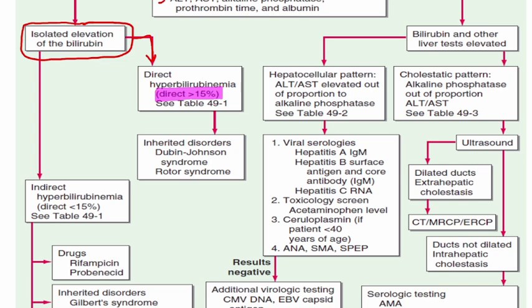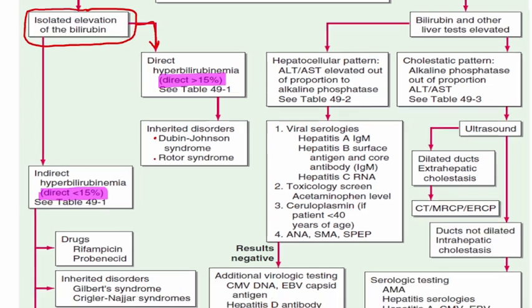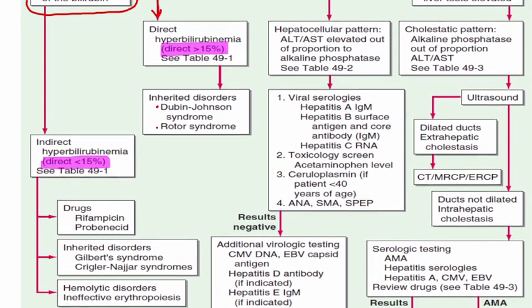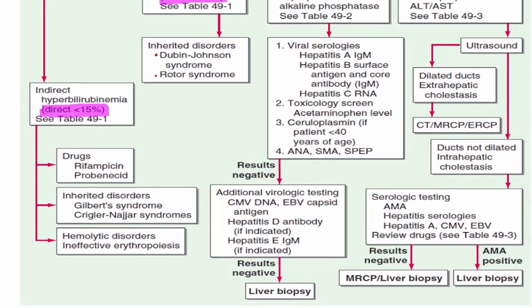If it is less than 15%, it is indirect hyperbilirubinemia. Right? More than 15%, less than 15%. Indirect, direct. Okay. If it is direct hyperbilirubinemia, there can only be two causes: Dubin-Johnson and Rotor syndrome. Right? If there is indirect hyperbilirubinemia, the causes can be multiple.